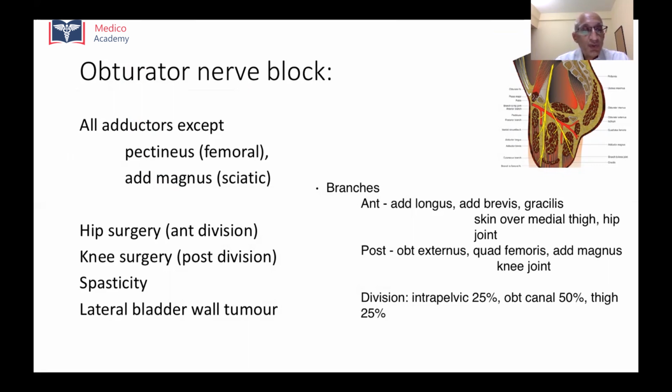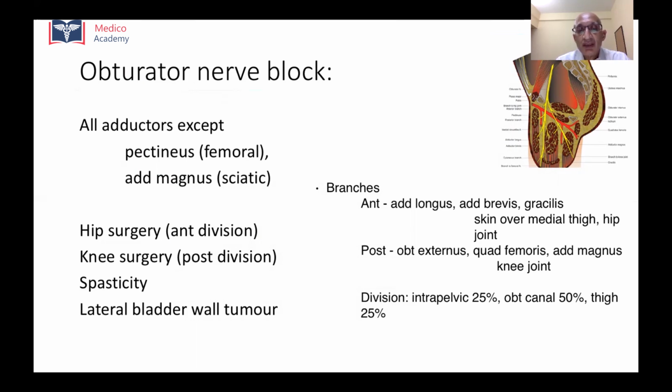It's also useful in spasticity of the adductors, and also in spite of giving spinal anesthesia for a TURBT. That means bladder tumor, especially when it is stuck to or arising from the lateral bladder wall. That is where the obturator nerve courses through.